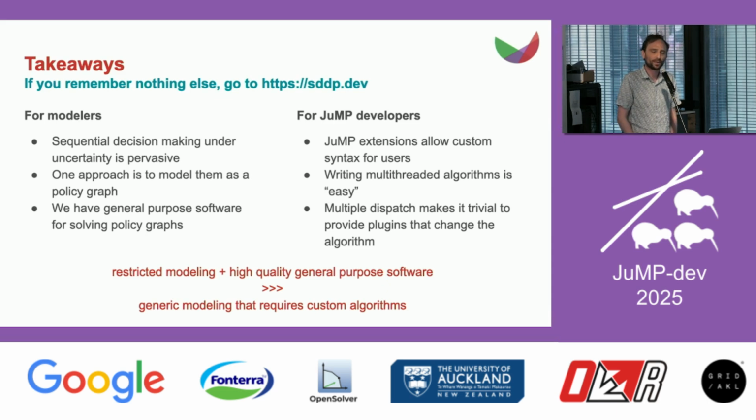Turning what was a complicated single-threaded algorithm into a multi-threaded algorithm was really easy, and that gave us a really nice performance win. And then multiple dispatch makes it trivial to adjust your algorithm in various ways via these little plugins. The downside being that thinking about how those different options combine together often gets quite hard. And that's me.